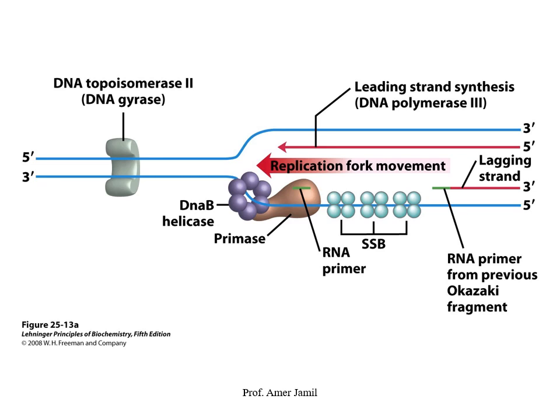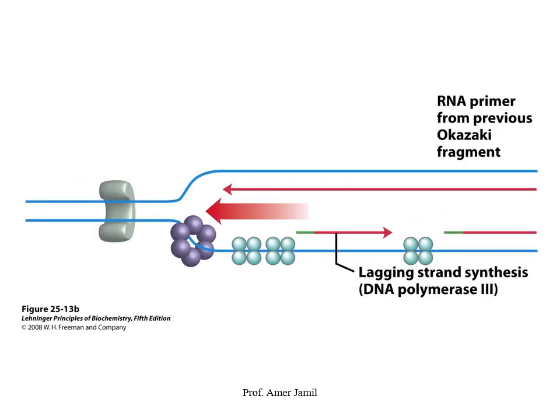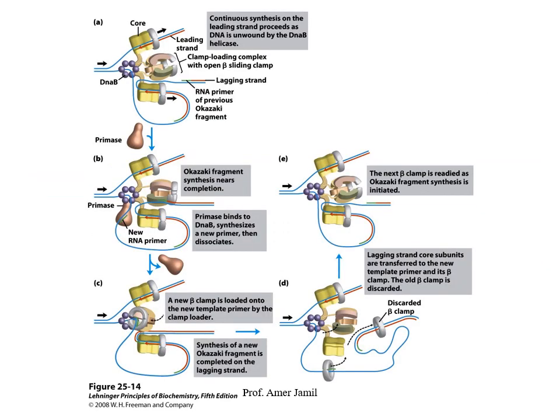This is a clearer picture of the same process I just mentioned, and this one is the overall picture. As you can see, it looked in the previous slides like there are two DNA polymerases moving in opposite directions, one on the leading strand and another on the lagging strand.